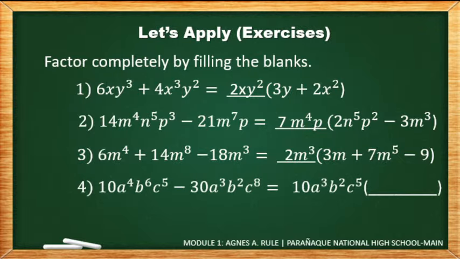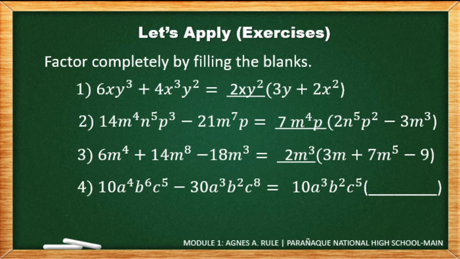Number 4. Okay, sa number 4, ang nawawala ay quotient. So, we have the given common monomial factor, 10a cubed b squared c raised to 5. I-divide lang natin ang polynomials by 10a cubed b squared c raised to 5. 10 divided by 10, 1.